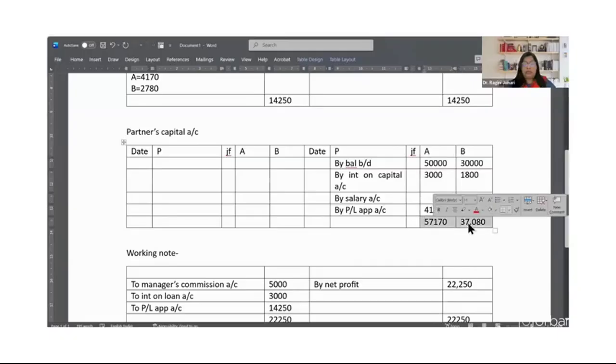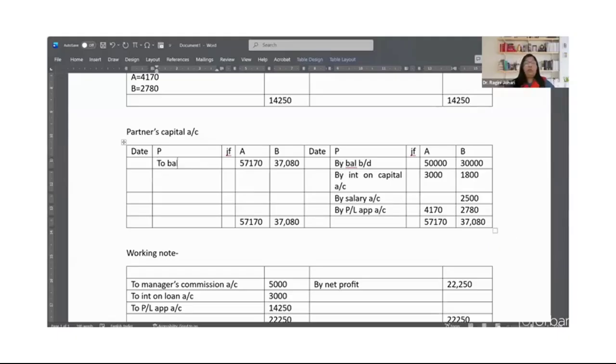Since nothing is to be debited from this amount, this whole thing goes to the next accounting period. Thus, balance c/d is written, right? And this completes my chapter.